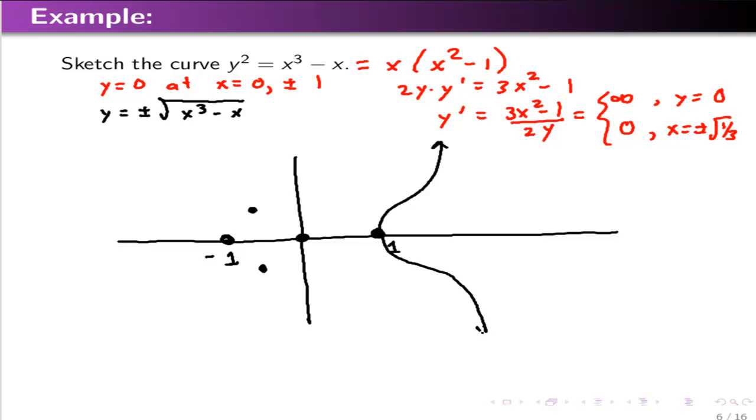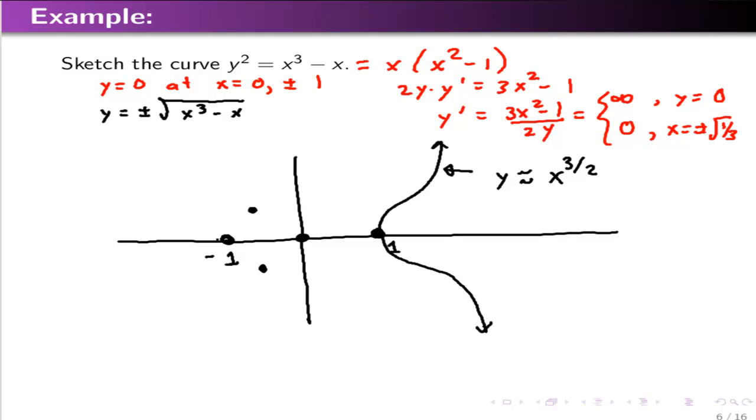Okay, so what am I doing to think that out? We have a vertical tangent when y is 0, so it's a vertical tangent here. And when x gets large, y is roughly x to the 3/2 power. And then you have the symmetry. Between 0 and 1, the right-hand side is a negative quantity, and so there is no solution.